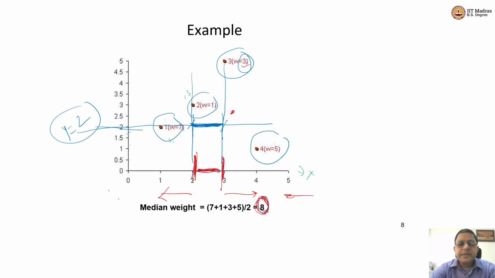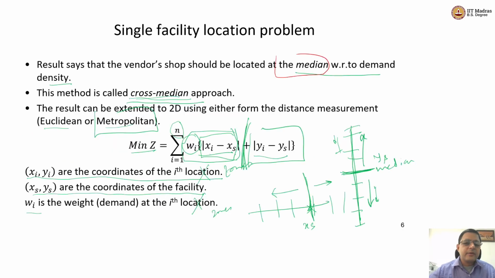Okay. So this is locating a single facility on 2 dimensions. Here, because I considered the metropolitan distance measure, I was able to very easily separate the problem on the x-axis from the problem on the y-axis.